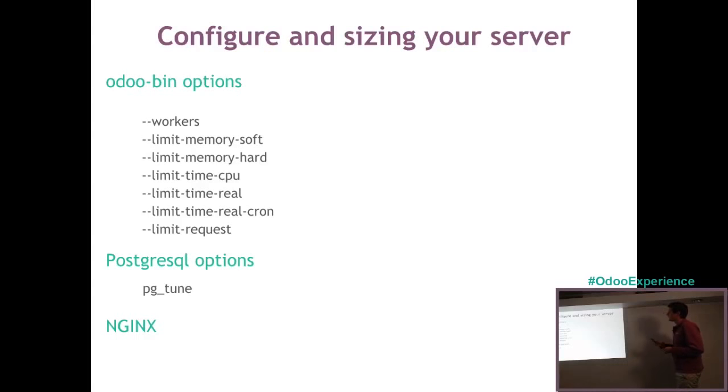Obviously, here I give you just the options for one Odoo server, but you can make something more complex with a lot of different Odoo application servers, and you can have your own PostgreSQL server also.